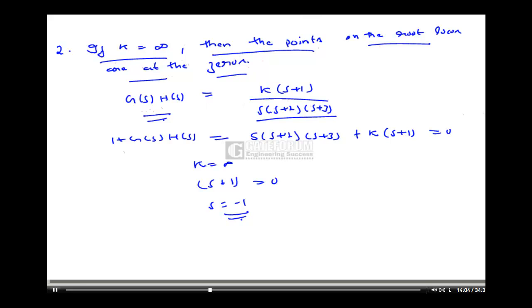Writing the characteristic equation for this, 1 plus G(s)H(s), if I put k equal to infinity in this, I am left with s plus 1 equal to 0. So s equal to minus 1 is nothing but the zero of G(s)H(s). So at k equal to 0, it is at the poles; at k equal to infinity, it will reach the zero. So the root locus will start from poles and terminate at zeros or infinity.